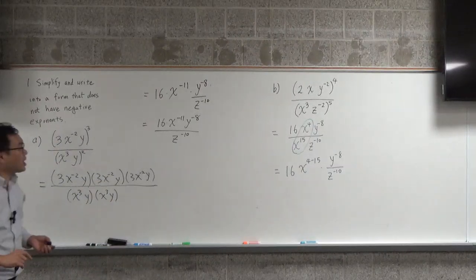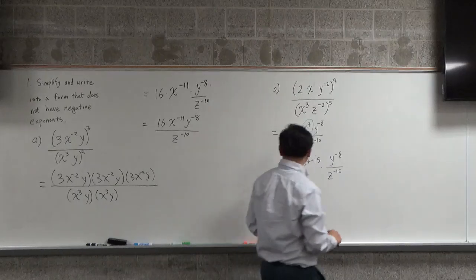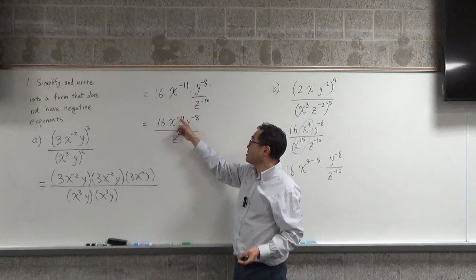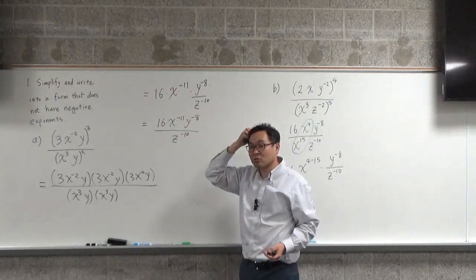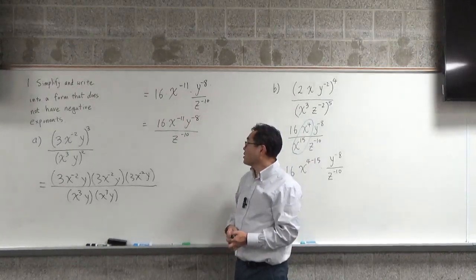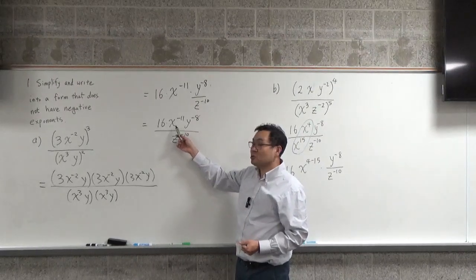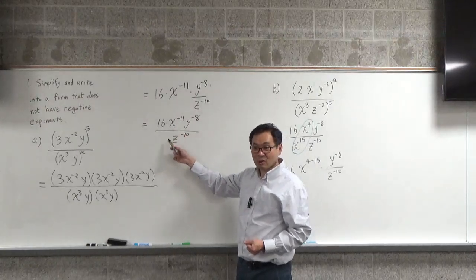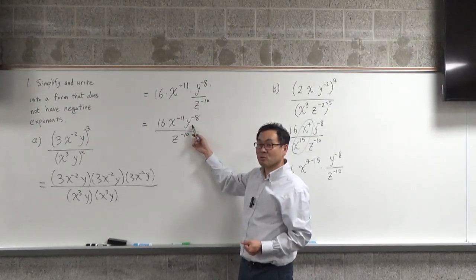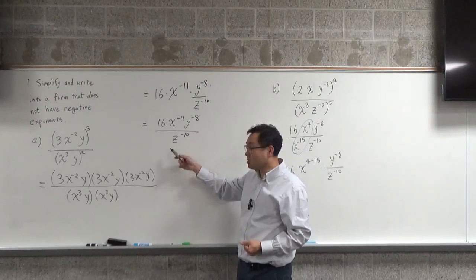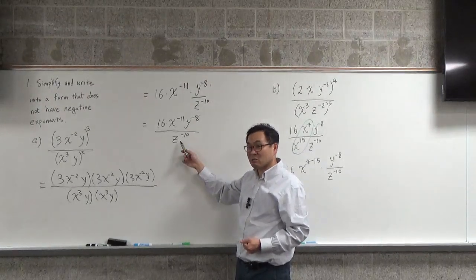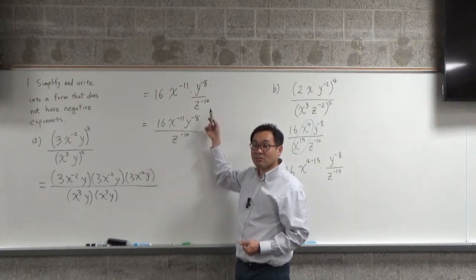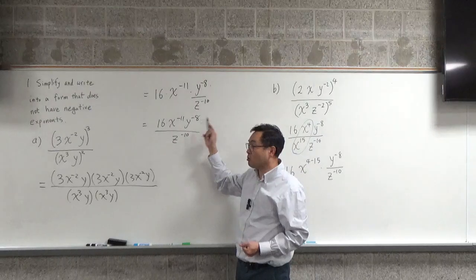Now we have a whole lot of negative exponents to change. All these negative 11, negative 8, negative 10 have to change. And how do you make it positive? X to the negative 11, where do you send this? Downstairs to the basement. y to the negative 8, downstairs too. Now, what's in the basement, if it has a negative power, you can also make it positive by bringing it upstairs, over ground.